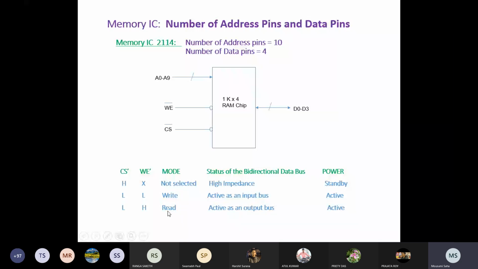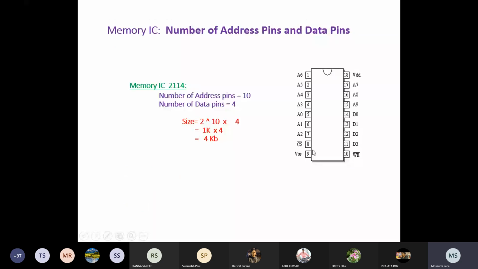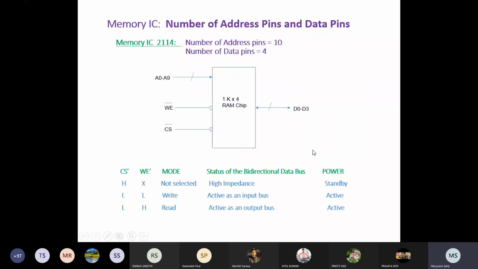This is the actual original figure of the IC, but we can draw the block diagram of the memory this way: A0 to A9, write enable line, chip select line, and D0 to D3, that is a 4-bit data bus. I have already explained that the address bus is always unidirectional and the data bus is always bidirectional.